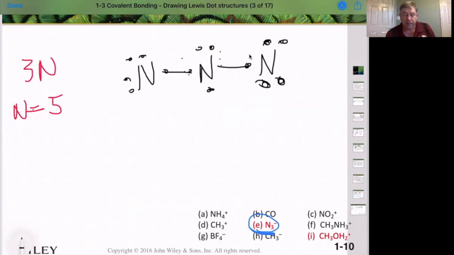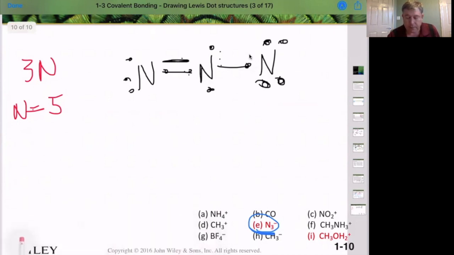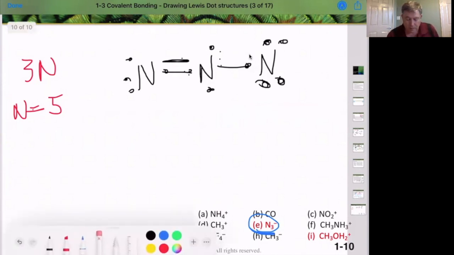But this only has 6 electrons around it, so that means it needs to share an electron. So we're going to move this electron in and this electron in to give us a new double bond here. That takes that electron away and that electron away. Now we have 1, 2, 3, 4, 5, 6, 7 electrons around this nitrogen.